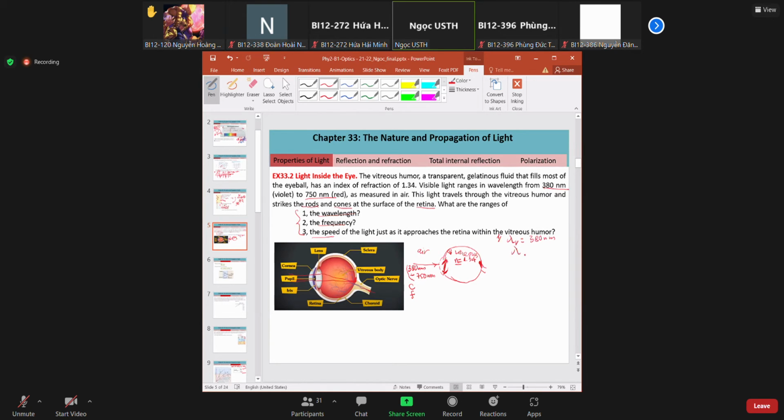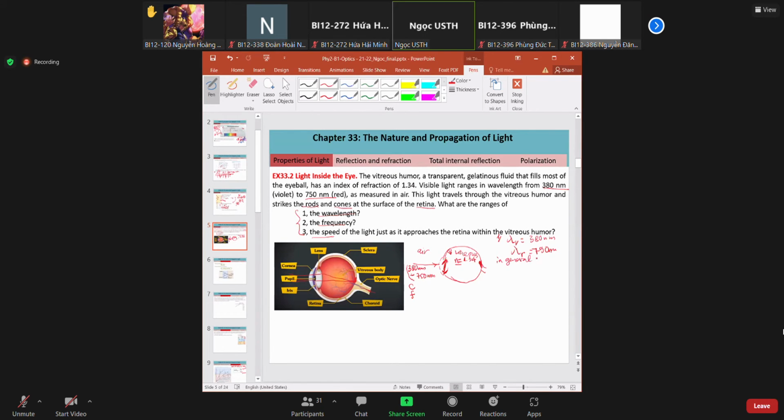And lambda for red is 750 nanometers. Now we have to calculate with the index of refraction in the human eyeball. So we have the formula: lambda equals lambda 1 divided by n.